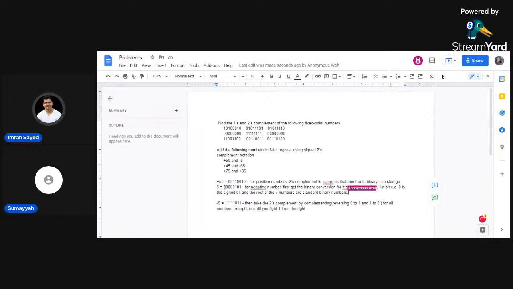We can make that bold. So this number we excluded, and for the rest of the numbers we change it, right? Yes. Okay, good. Cool. So similarly we'll do it for these also.